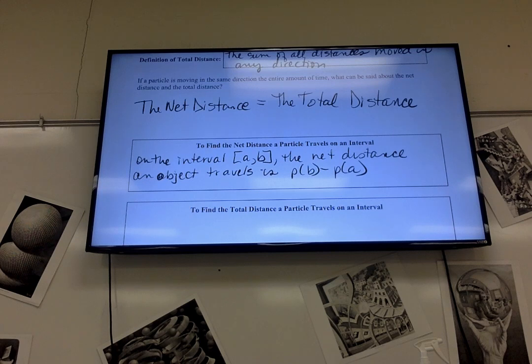You forgot the word of. Sorry, it just bothers me. It's the net distance of an object travels. No, on the interval A to B, the net distance an object travels. That sounds wrong in my head. It sounds right.